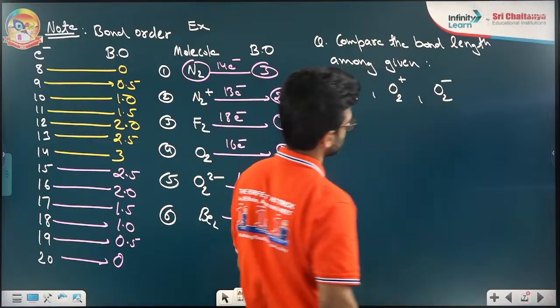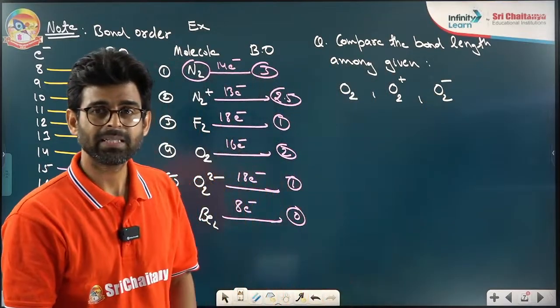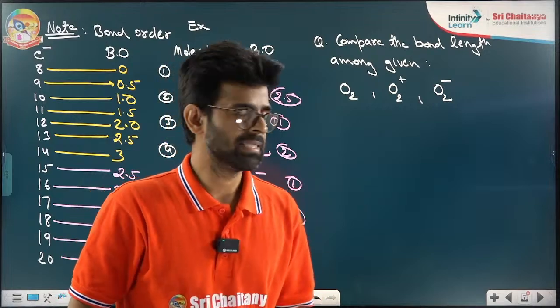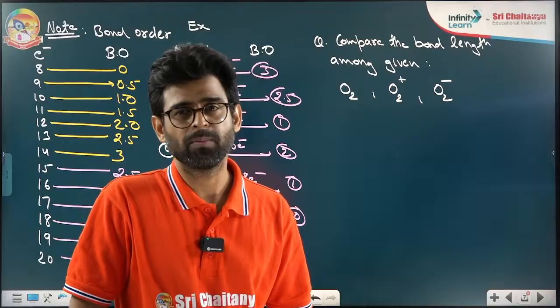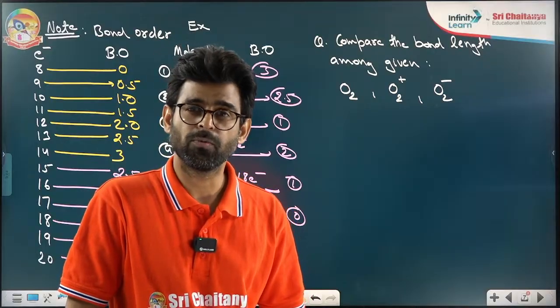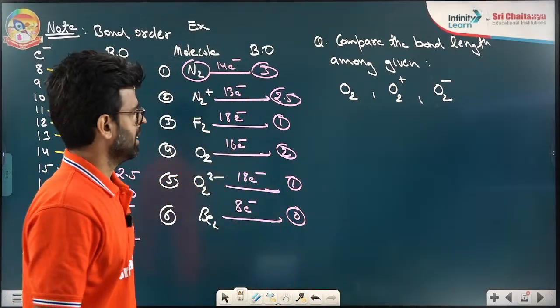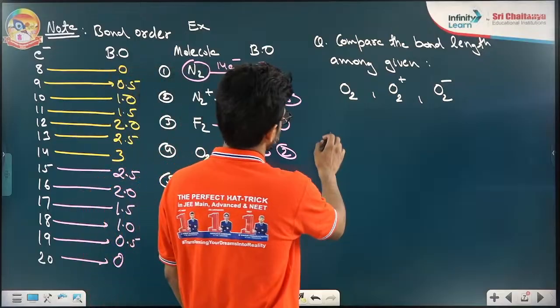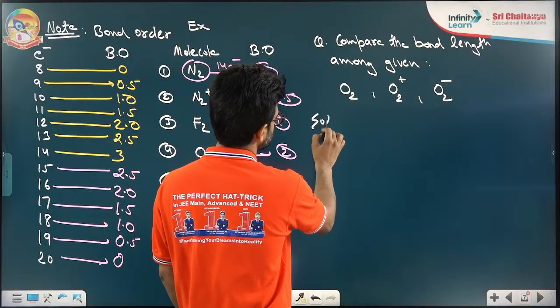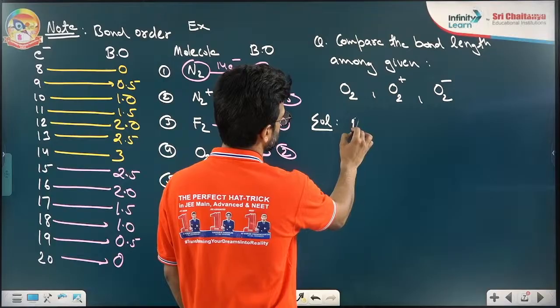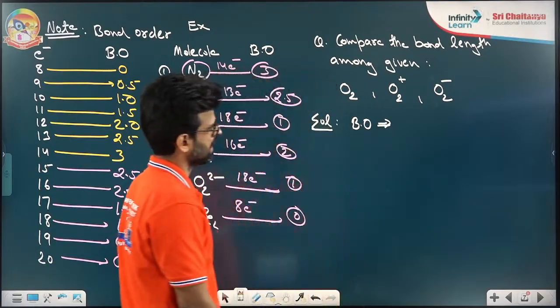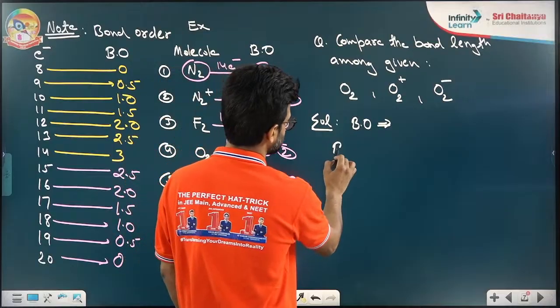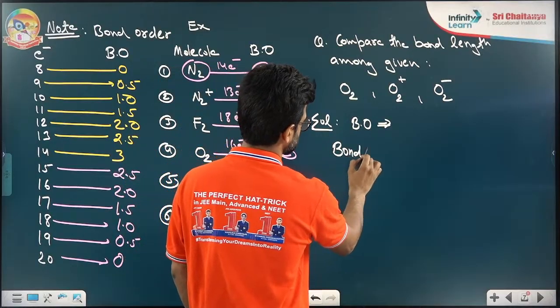In this they are asking to compare the bond length. So first you can find the bond order, and you know the bond length order will be the reverse of the bond order. So first try to make the bond order sequence, and then using that you can easily answer the bond length also.